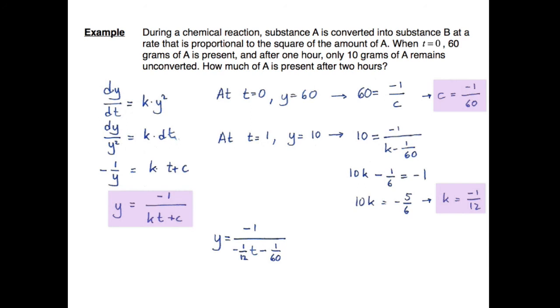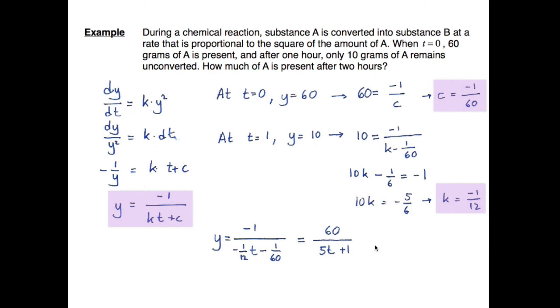We're also going to multiply by 60 at the numerator and at the denominator, and suddenly the equation becomes much easier to read. So finally we have y equals 60 divided by (5t plus 1), a function that gives us the amount of substance A at any time t.